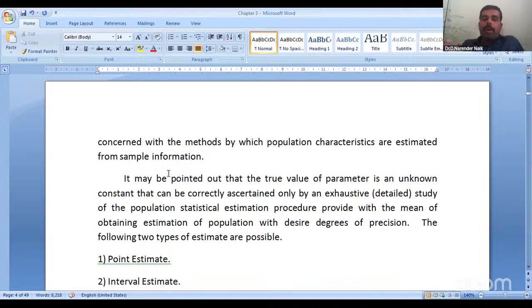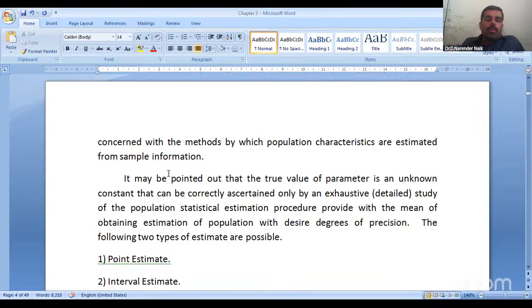It may be pointed out that the true value of a parameter is an unknown constant that can be correctly ascertained only by an exhaustive detailed study of the population. Statistical estimation procedures provide us with the means of obtaining estimates of the population parameter with a desired degree of precision.